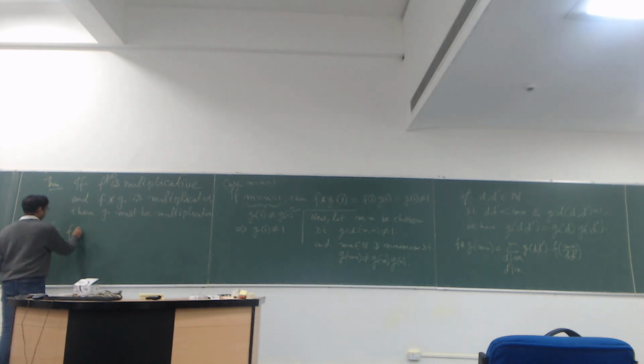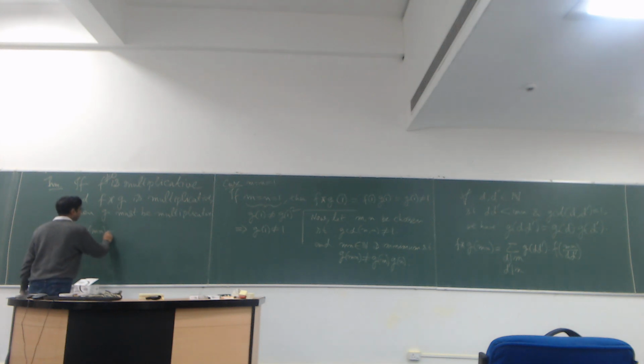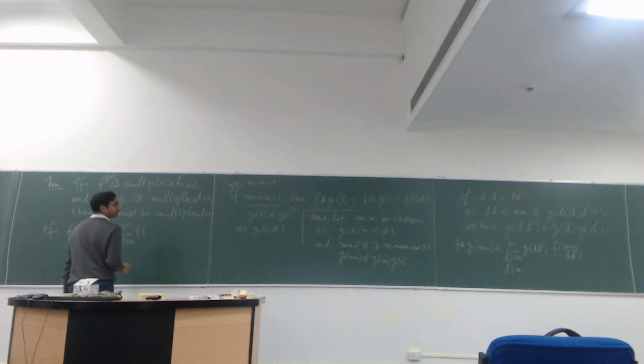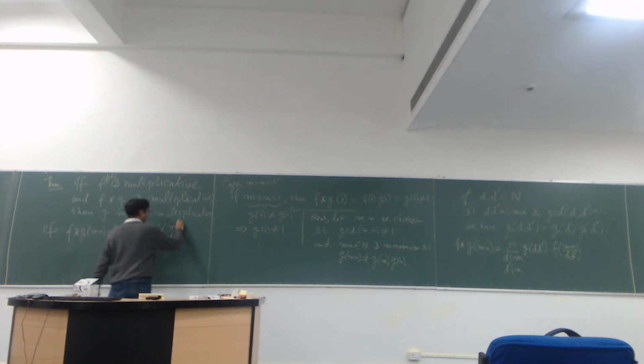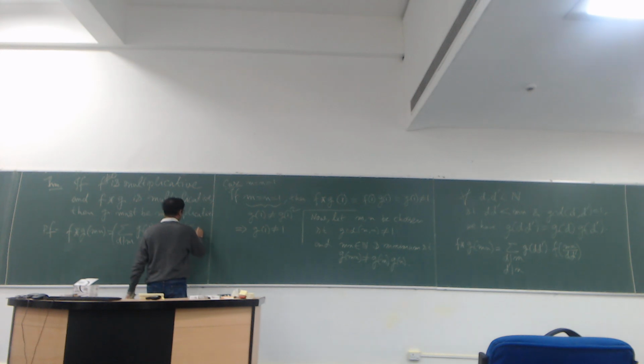So we have G of MN equal to the summation over d dividing M of G of d times F of M by d, times the summation over d prime dividing N of G of d prime times F of N by d prime.